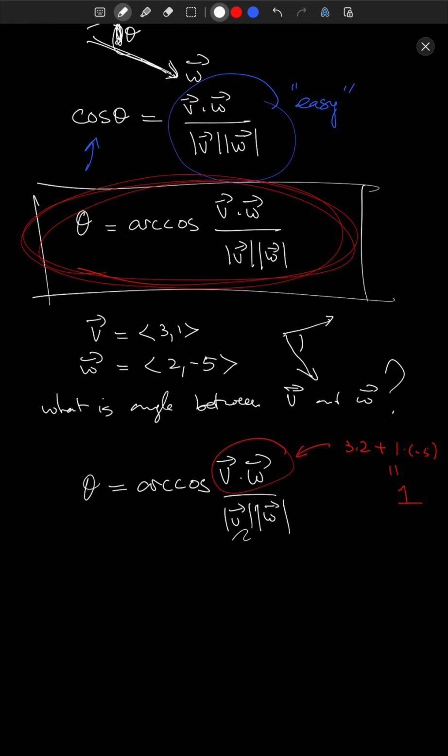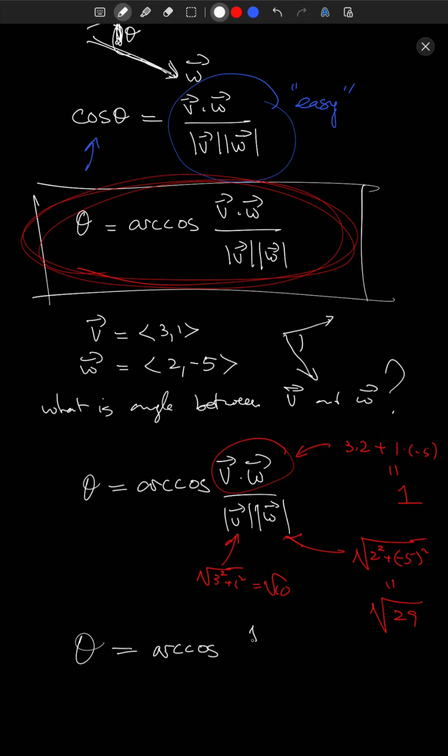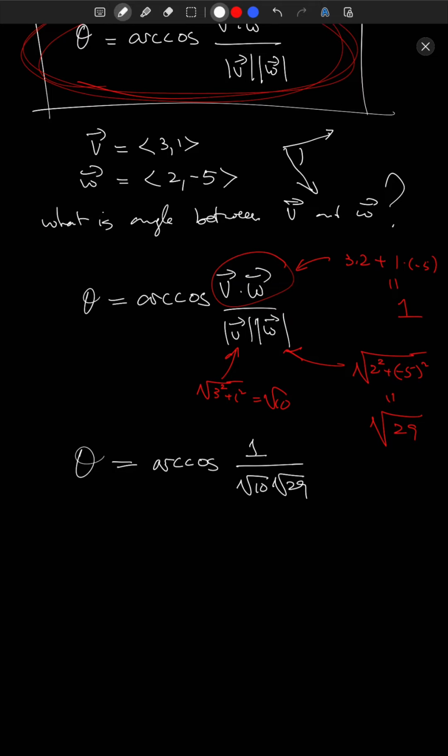The length of v is the square root of 3 squared plus 1 squared, which is root 10. The length of w is the square root of 2 squared plus minus 5 squared, but the minus sign goes away, so it's root 29. Ultimately, I get a very simple theta equal to arc cosine of 1 over root 10 times root 29.